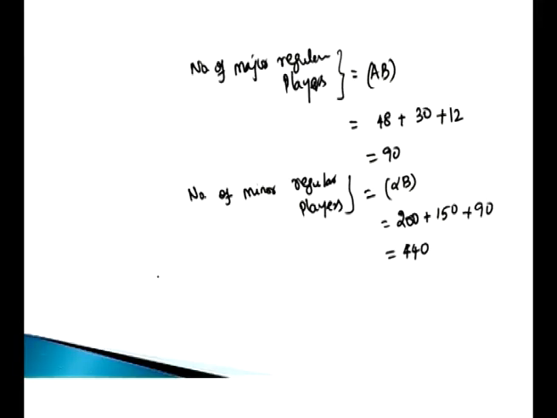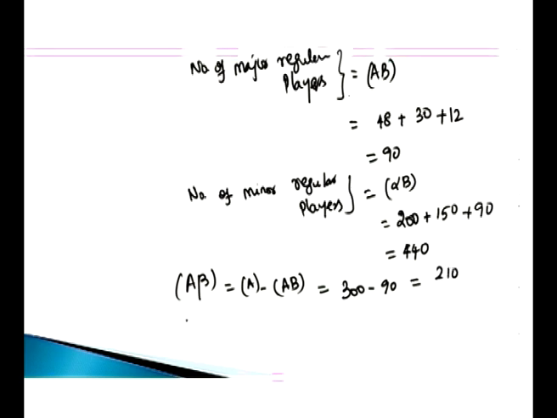Okay. From this information we will get another class frequency of order 2 from this. So, A beta is equal to A minus AB, which is equal to 300 minus 90, which is 210.